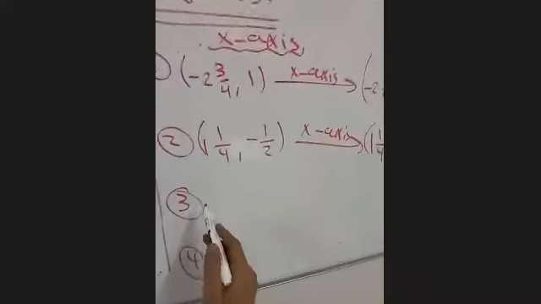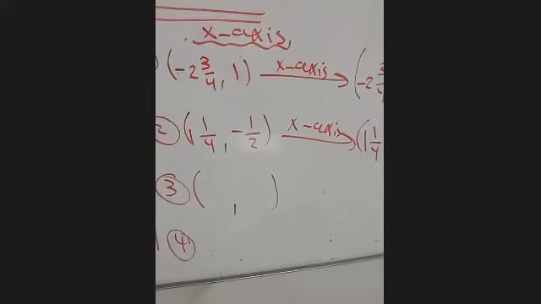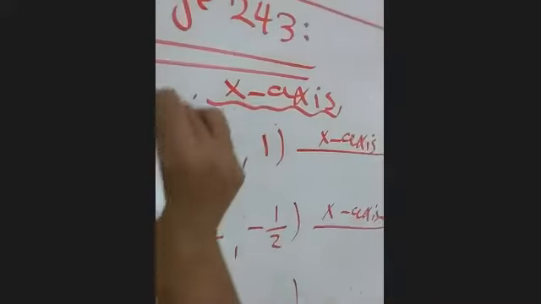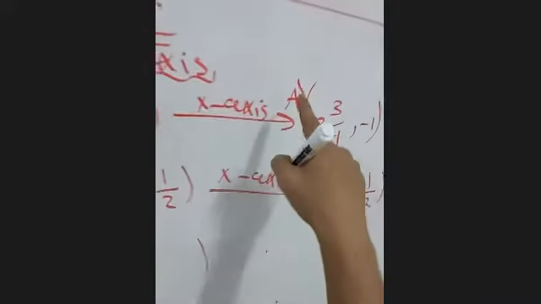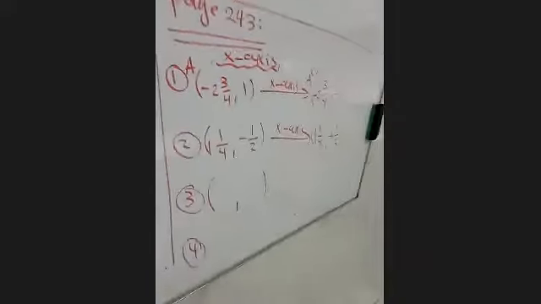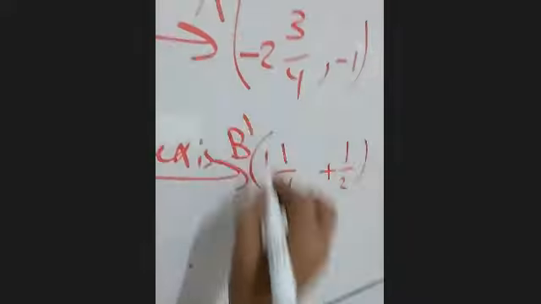Let's take more. Ahmed, question 3. Wait, guys, I forgot to put the names. This is A, here it will be A prime. The second point is B, here it will be B prime.